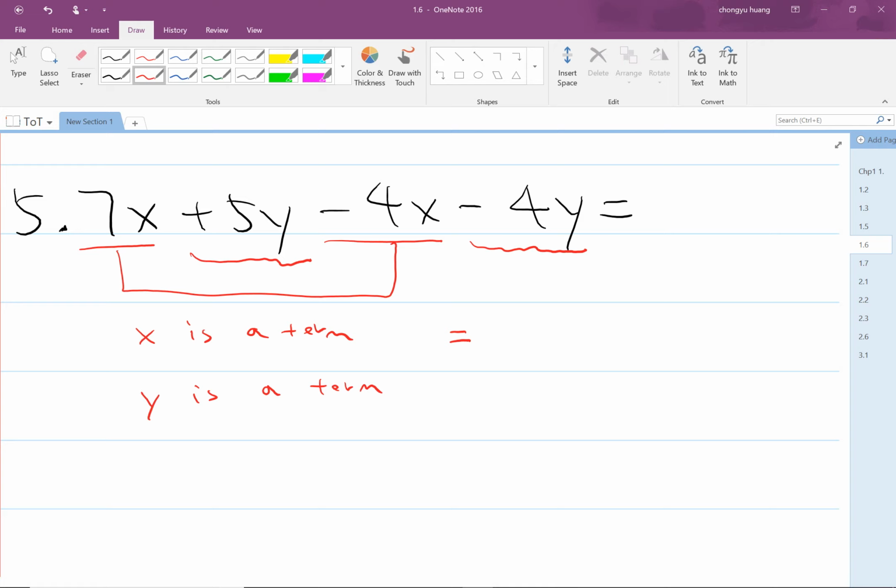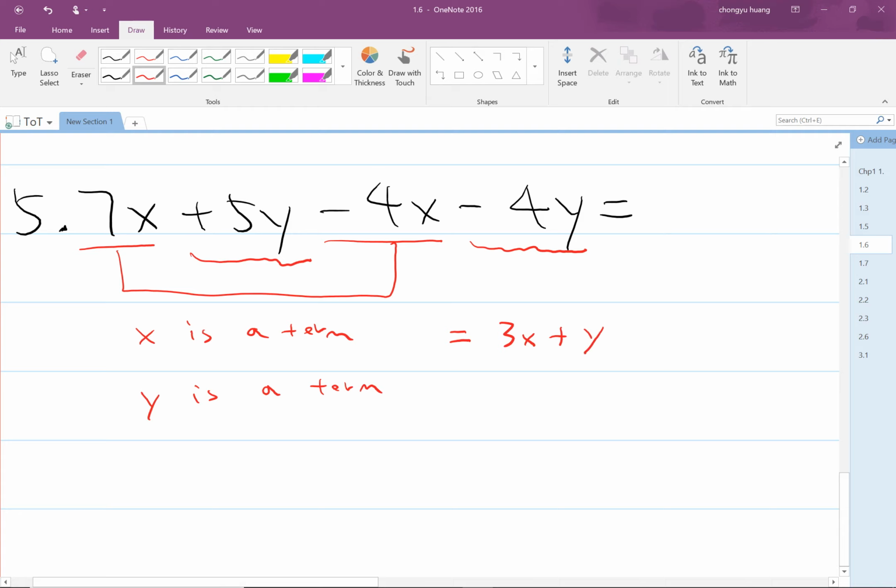So what we have for x is 7x minus 4x, which is 3x, right? And for the y, what you have is plus 5y minus 4y, so it's actually positive y, right?